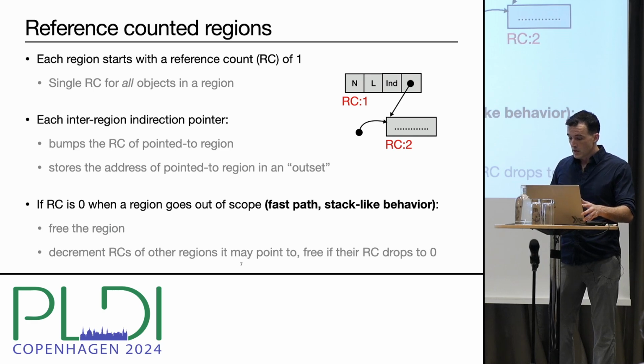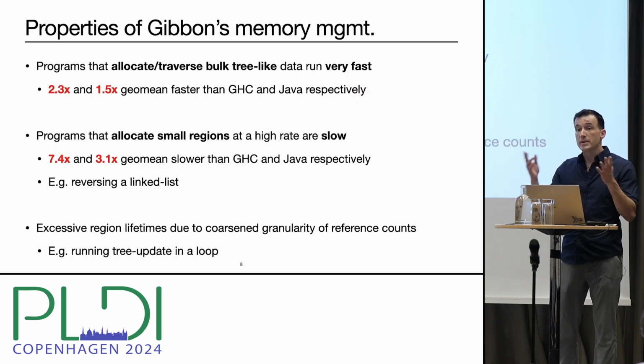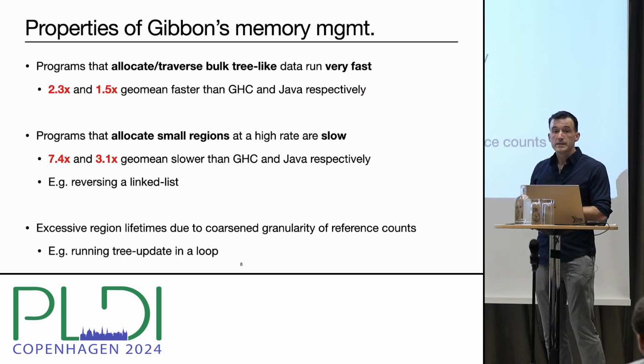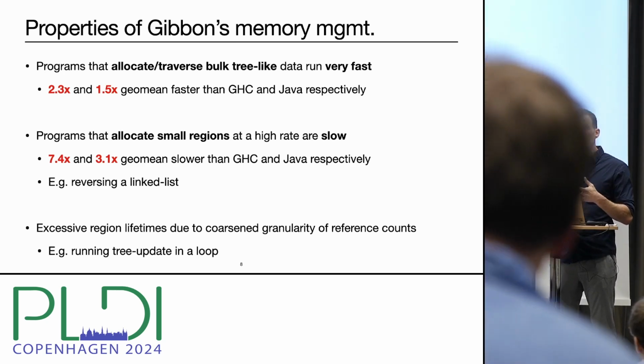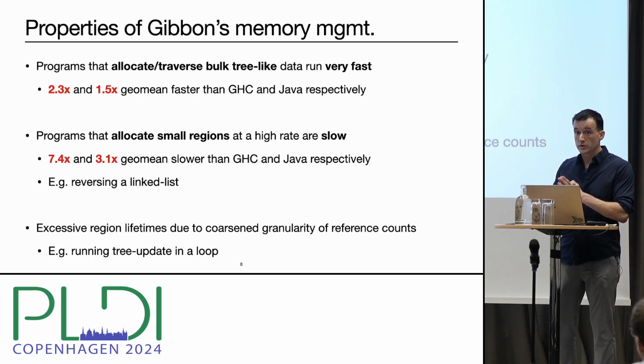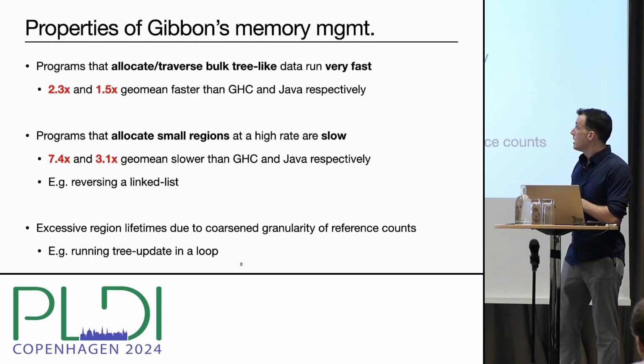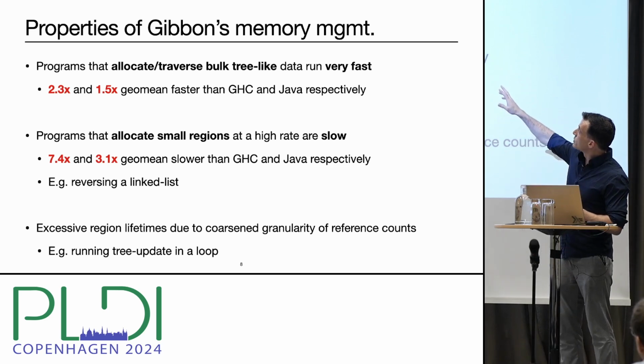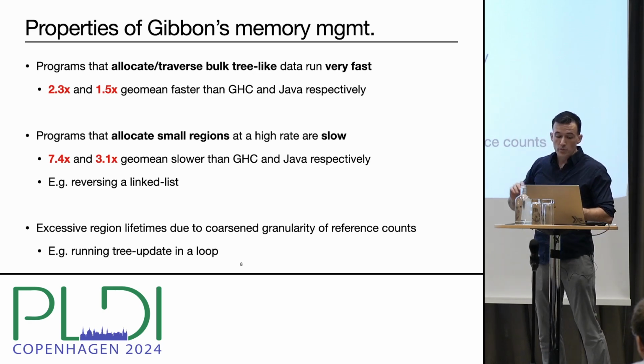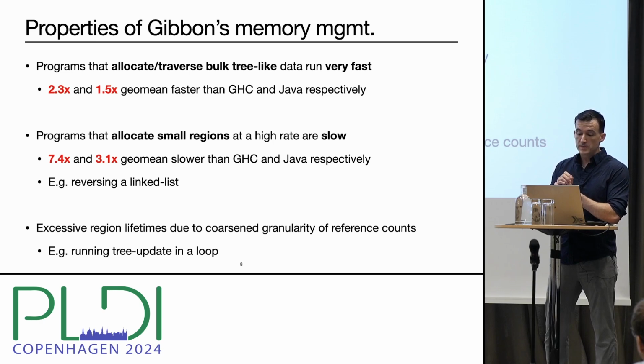So this is fine if you don't have that many regions, if you're doing bulk traversals on them, and if your number of heap objects per region is fairly high on average. So that's why when we're doing bulk traversals over tree data, we achieve a 2.3 and a 1.5x geomean speedup over GHC and Java, respectively.